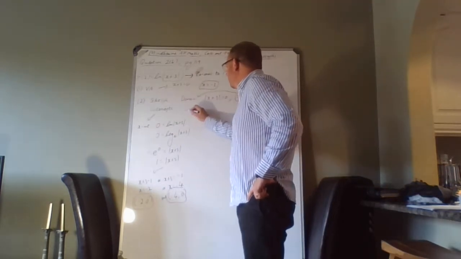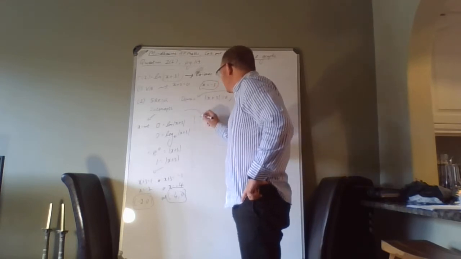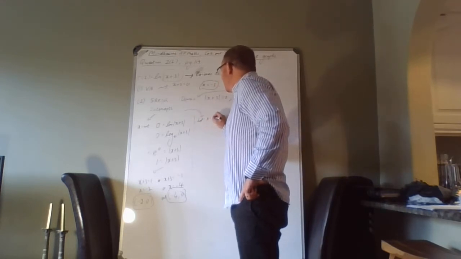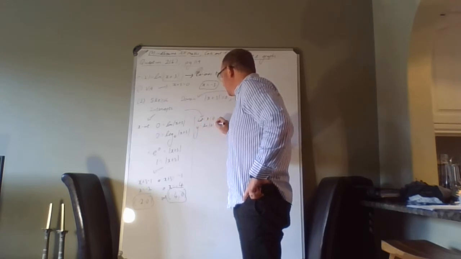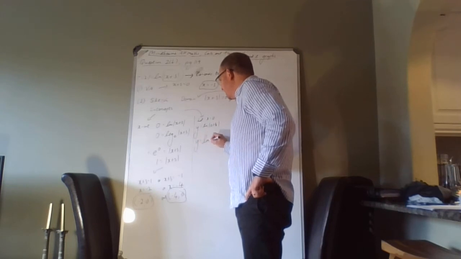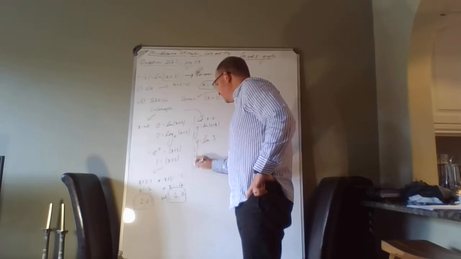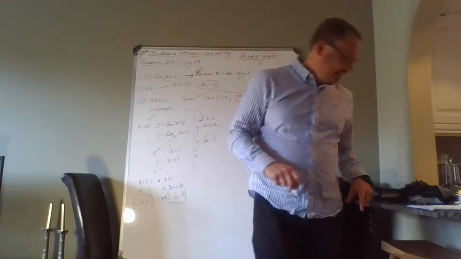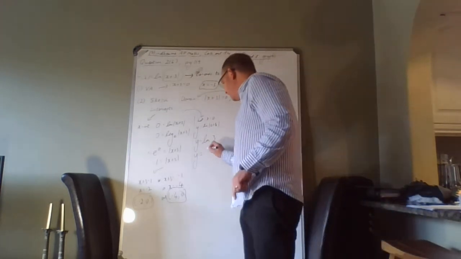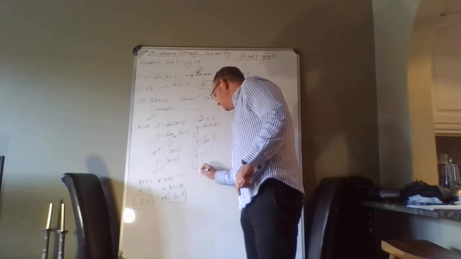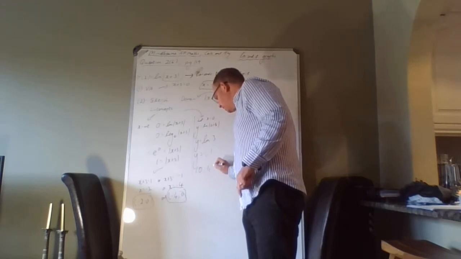Your y-intercept, well, if you let x be equal to 0, you get y is equal to ln of the absolute value of 0 plus 3. In other words, y is equal to ln of 3, and ln of 3 is, if I'm not mistaken here, 1.1. So your other intercept is 0, 1.1.